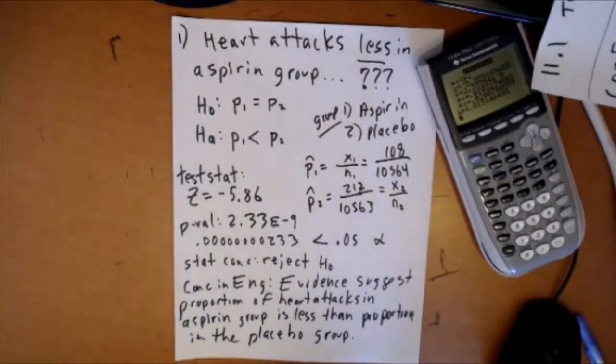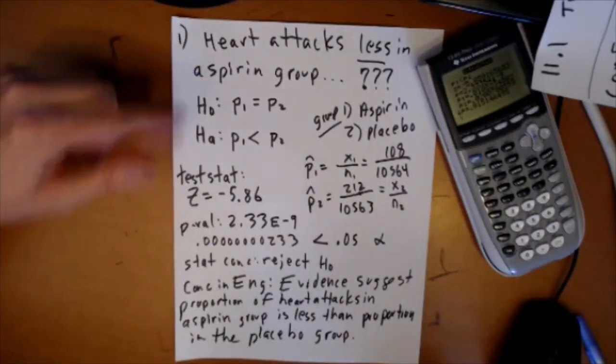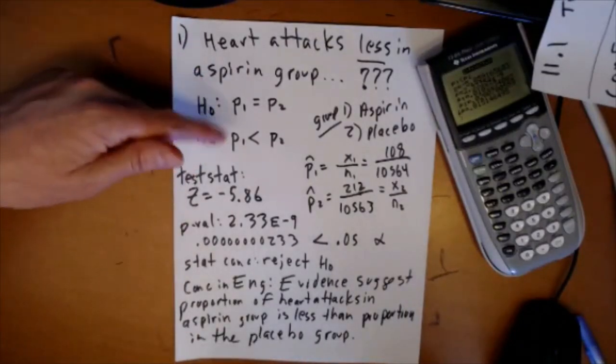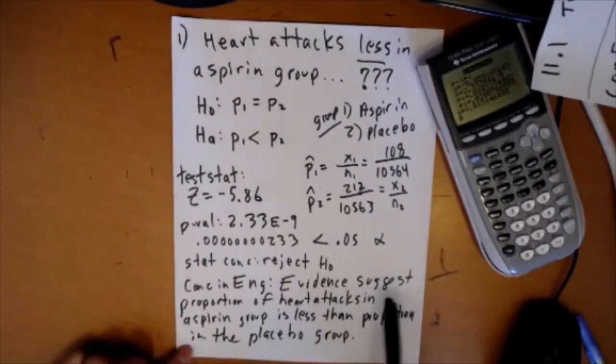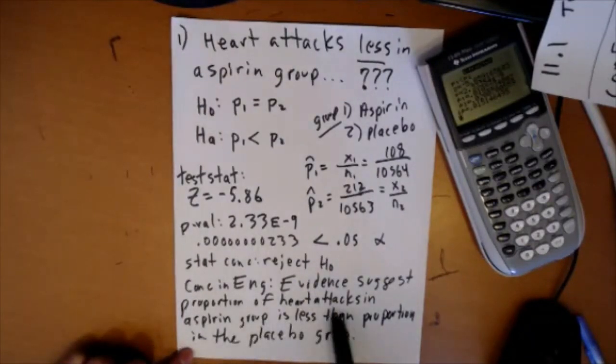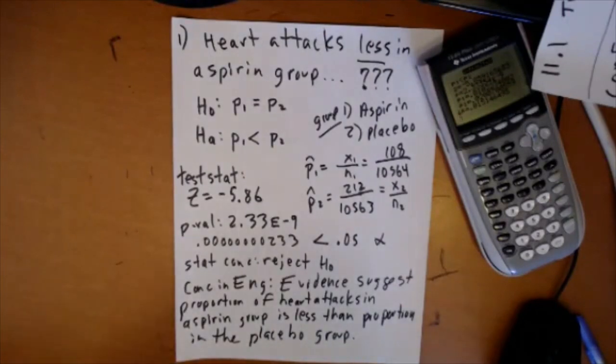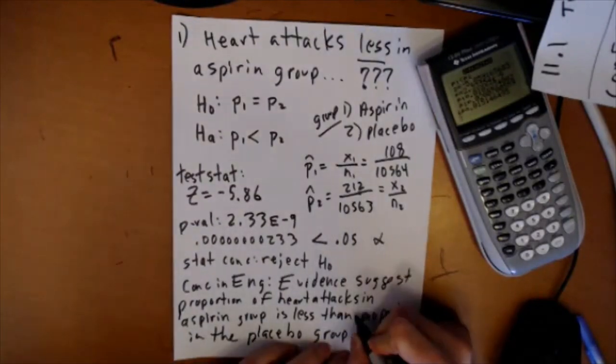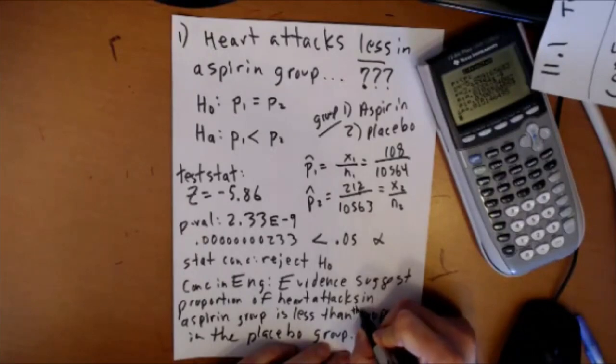In other words, the evidence is suggesting that aspirin does help reduce the probability of a heart attack. Evidence suggests the proportion of heart attacks in the aspirin group is less than the proportion in the placebo group. Put the word "the" right there.